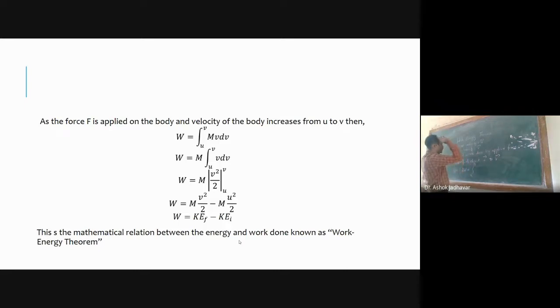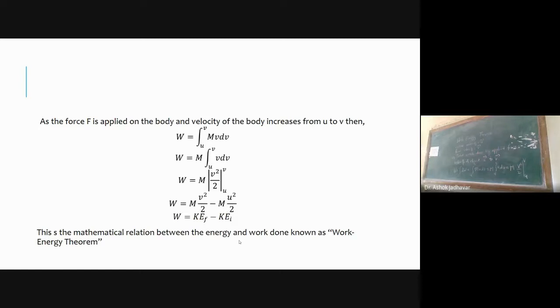Our equation of work done was dW is equals to m v dv. So we are having this equation. Now we can find out this integral. For that, we will take m outside of this integration, and we will have integration u to v of v dv. So integration of v dv is v square by 2. So we'll get m v square by 2, and our lower and upper limits are u and v.